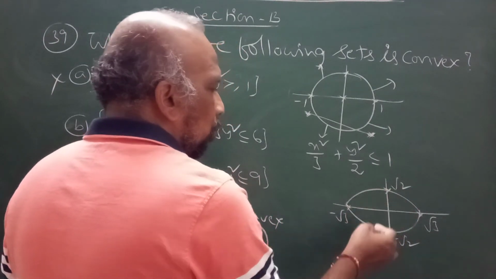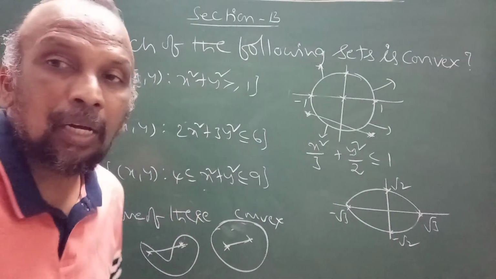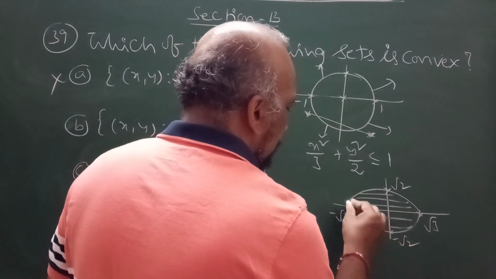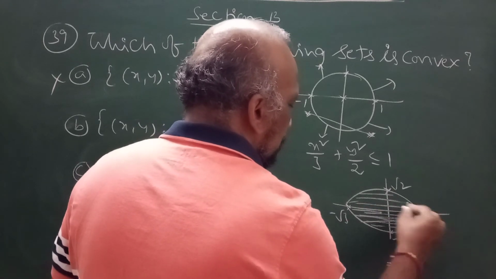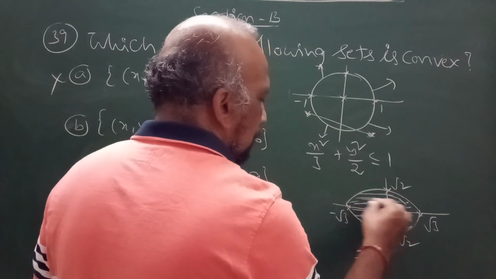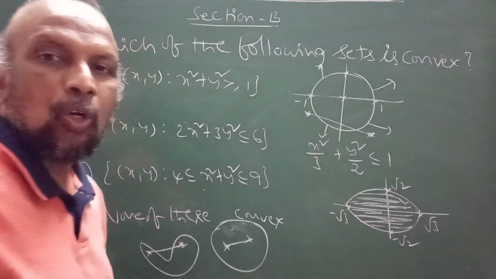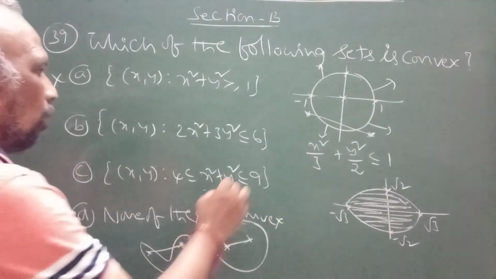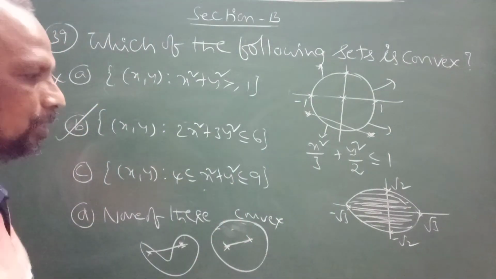If we join any 2 points inside, it will be inside the region only. They are saying this is the region, everything inside this. So automatically you can see this is clearly a convex set. So option B is your answer, clearly a convex set.